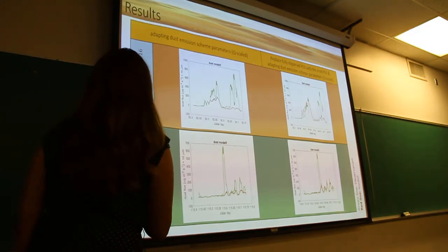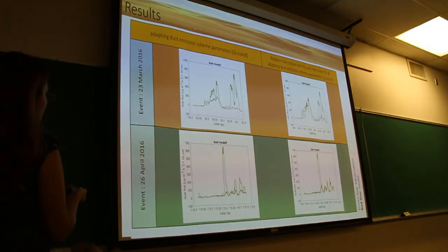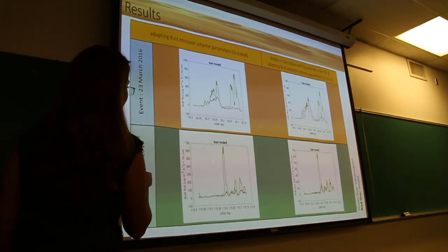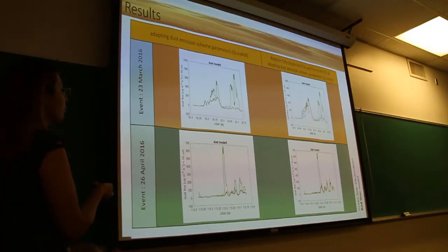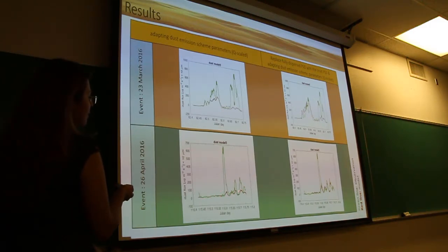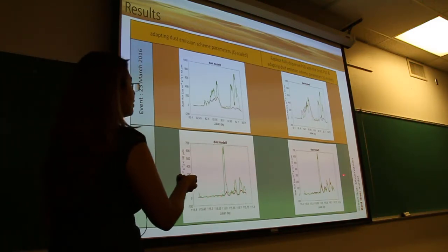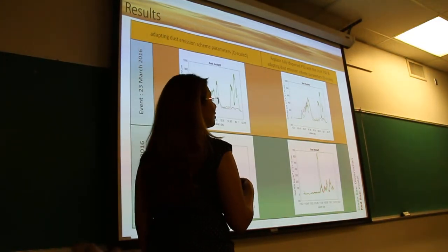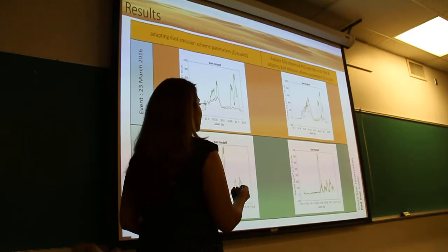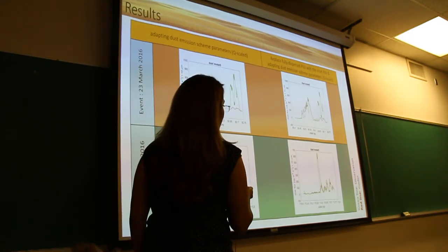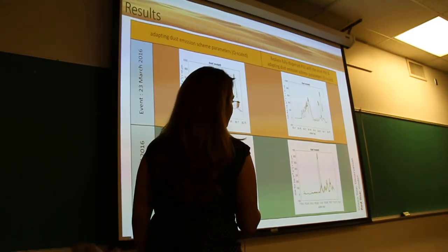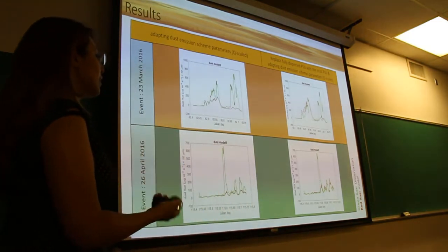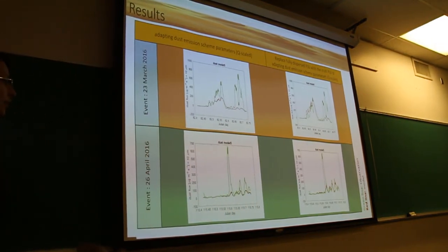Again, here for the 26th of April 2016, you can see that we have a scaled saltation flux, and we have worked on the parameters of the scheme, but still the model is a little bit underestimating the observational data. But with replacing the crust particle size distribution, representing the soil well, we are getting really good results on our model. So the model is well estimating the observational data.